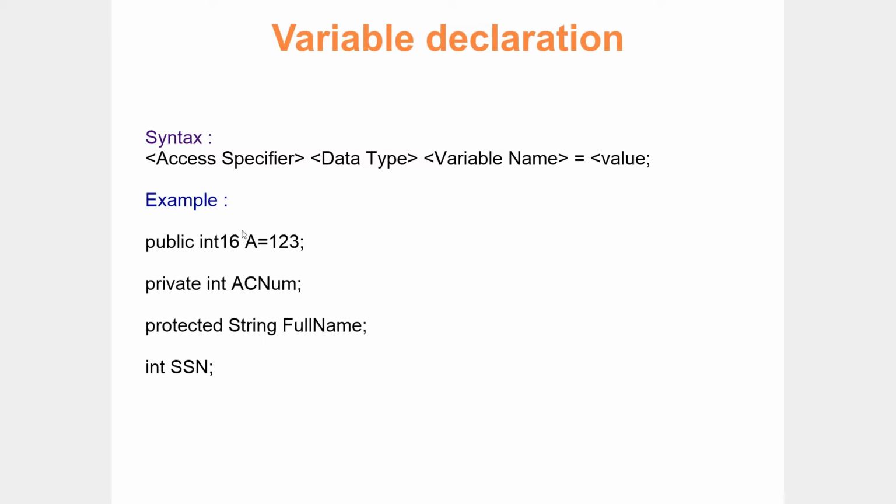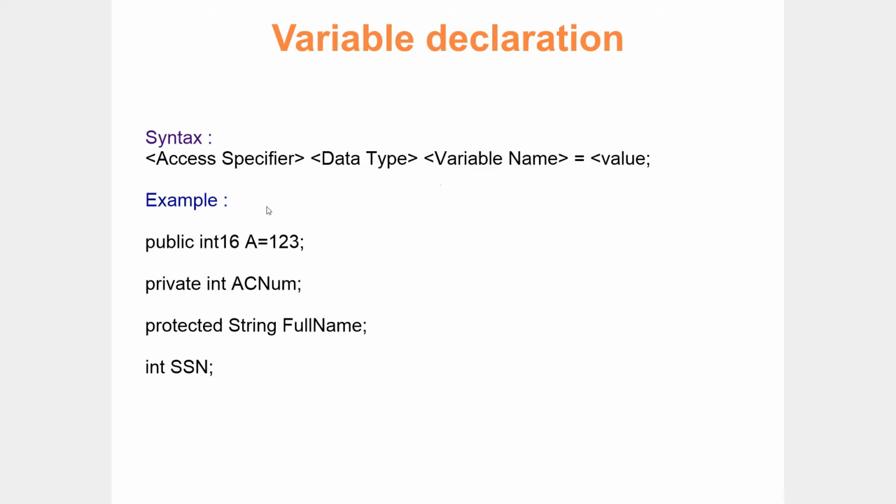I don't want to put any restriction. That is the reason I would like to consider this particular variable as public. First, specify your access specifier, the scope of your data: public. Next, data type. I want to store some number, so the data type is going to be int 16.